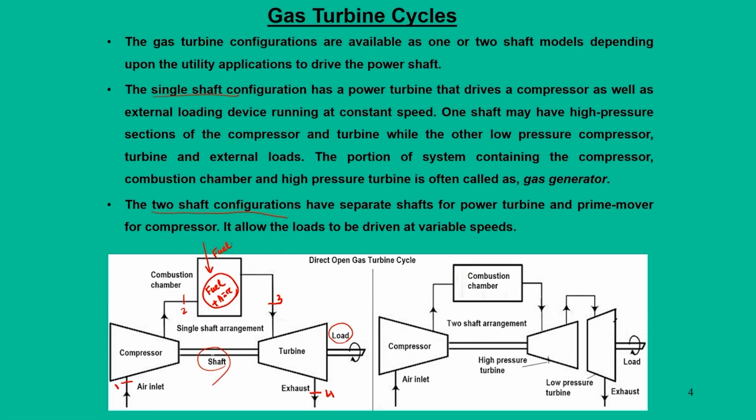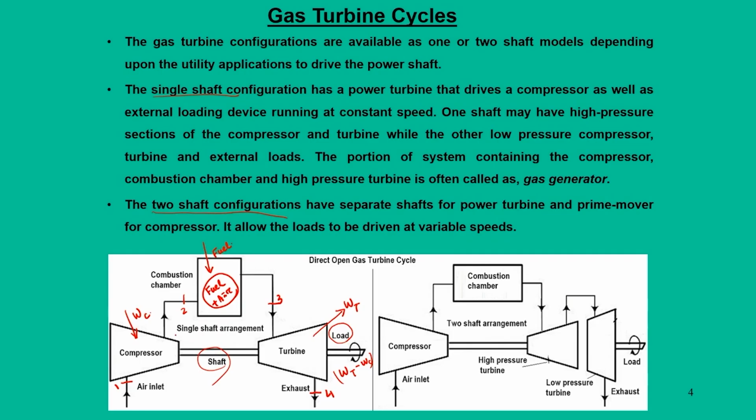Part of the turbine work goes to the compressor to drive it, and the balance, that is W t minus W c, is the resultant power that is produced.